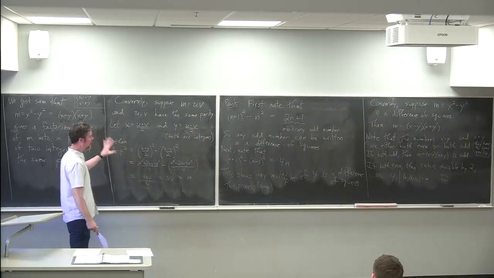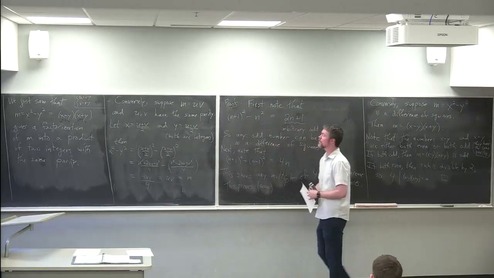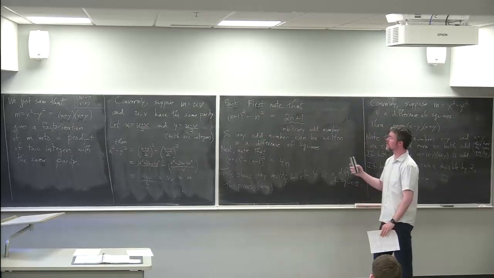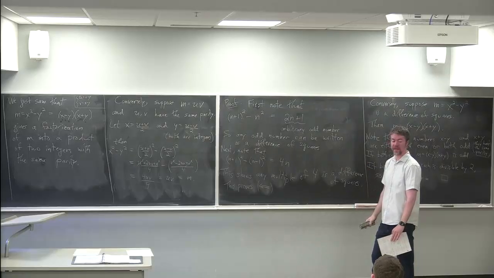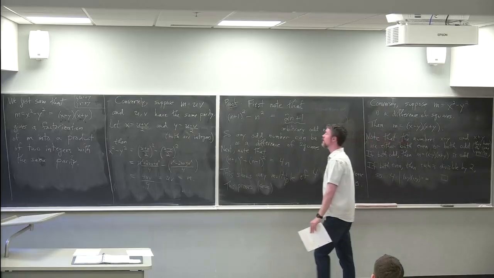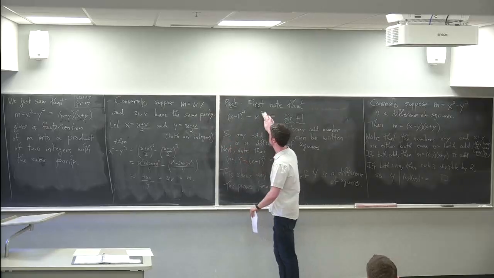So it actually sets up a one-to-one correspondence between these two things. The ways to write m as a difference of squares are in one-to-one correspondence with the ways to write m as a product of two integers of the same parity. Okay, and the point is that's easier to think about and understand all the ways that's possible.